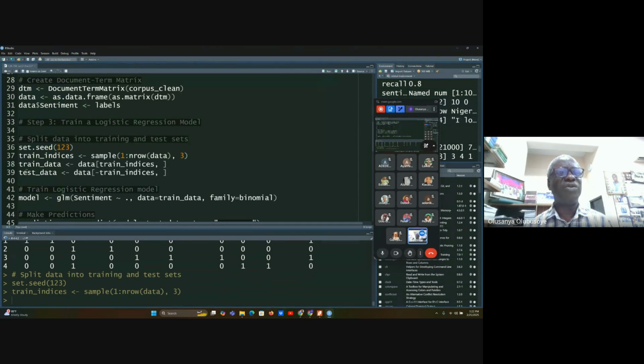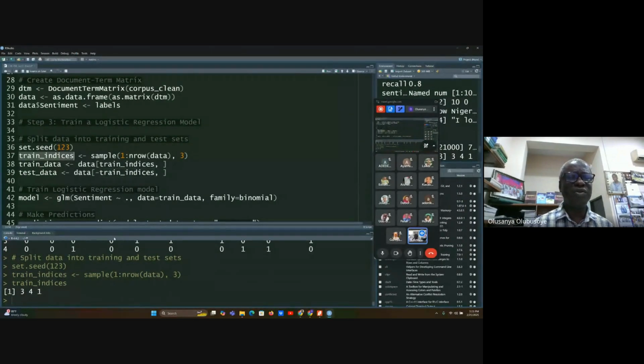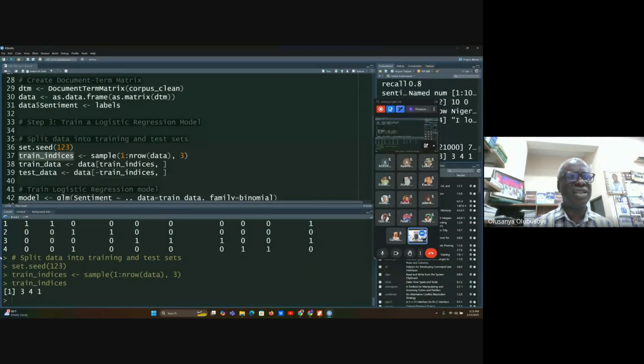If you want to see the training indices, it's going to select 3. It will select document 3, document 4 and document 1.